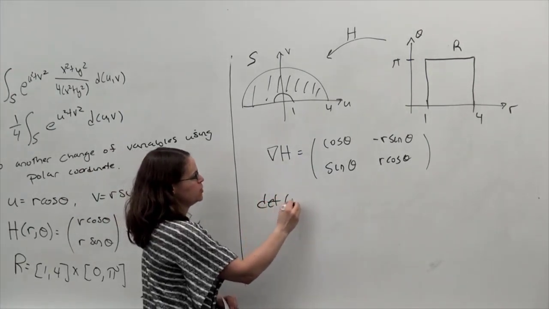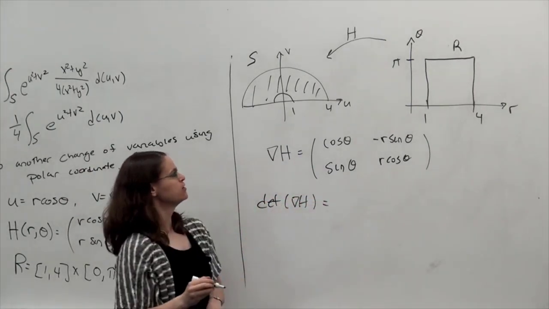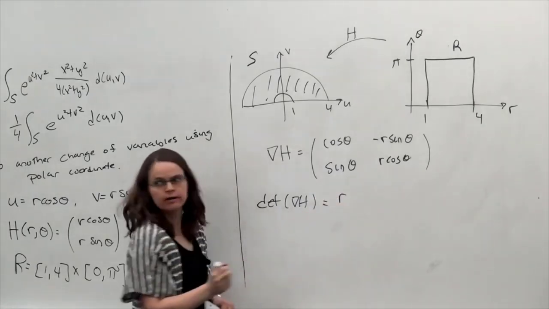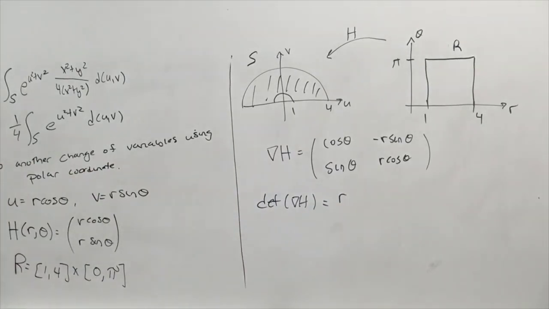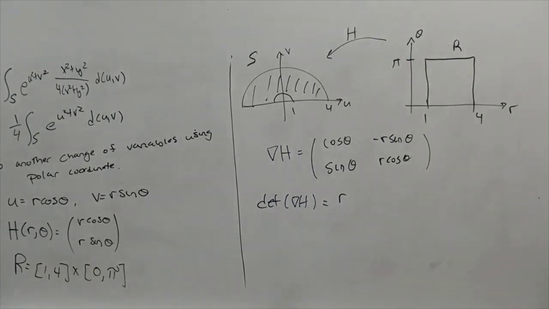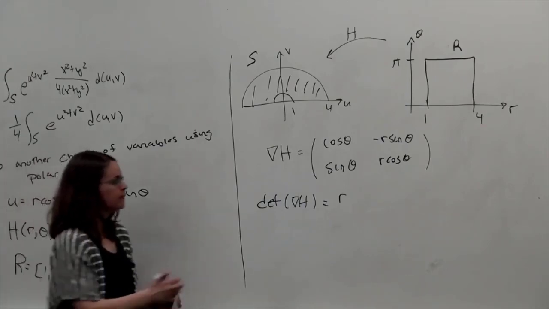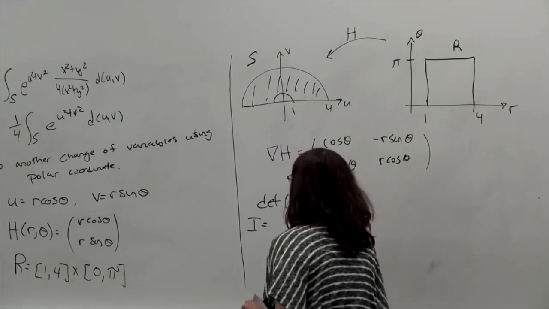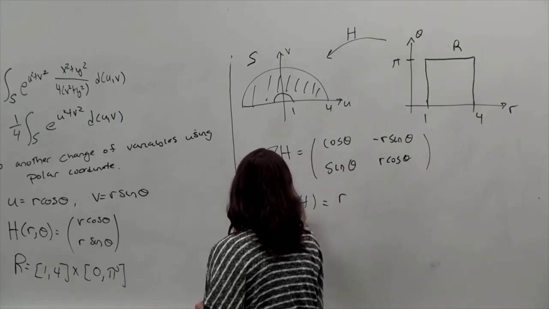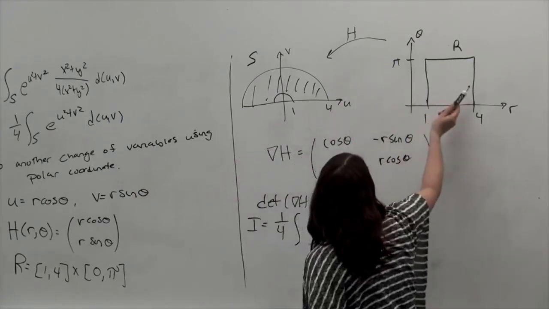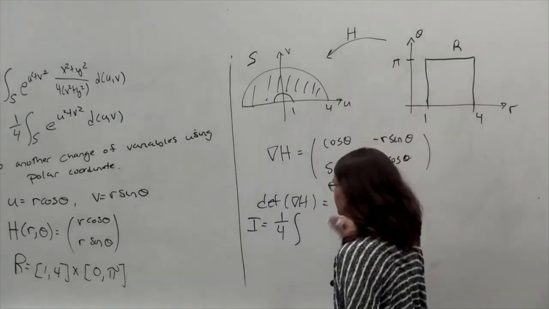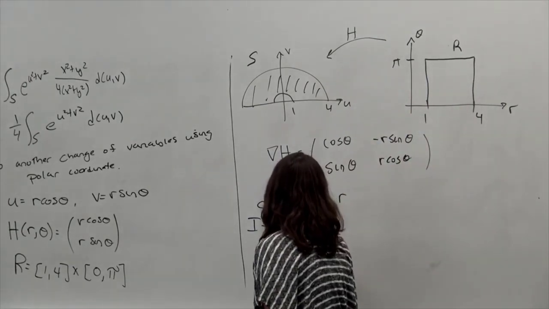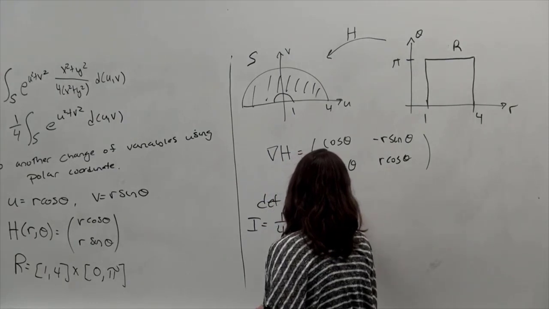And the determinant of this is r cosine squared plus r sine squared, that's just r. Okay, so let's try to do our complicated integral that we started with. The integral that we started with was the integral over S, which is the image of this rectangle, of e to the u squared plus v squared.